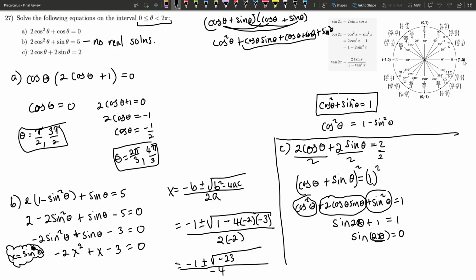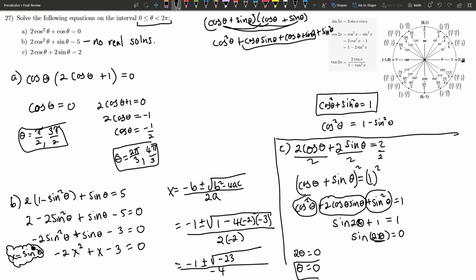Sine is 0 right here, so we could say that 2 theta is equal to the angle 0. In this case, you just divide both sides by 2. The angle itself is 0. 0 divided by 2 is 0.